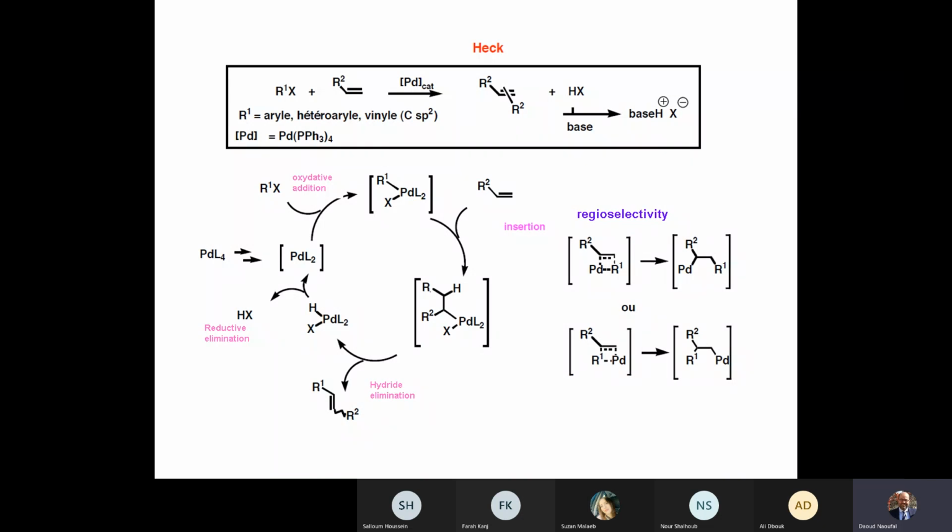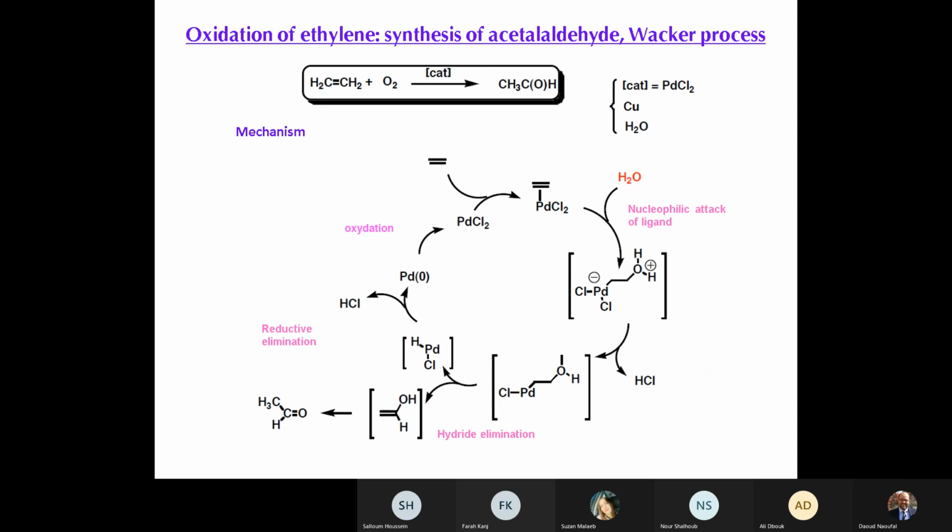So these reactions are the same. You can try to write the catalytic cycle, then see the solution.